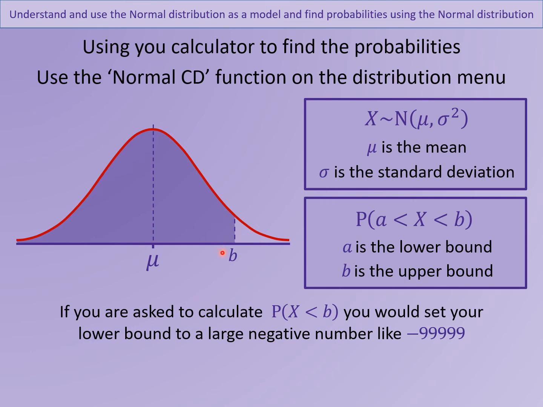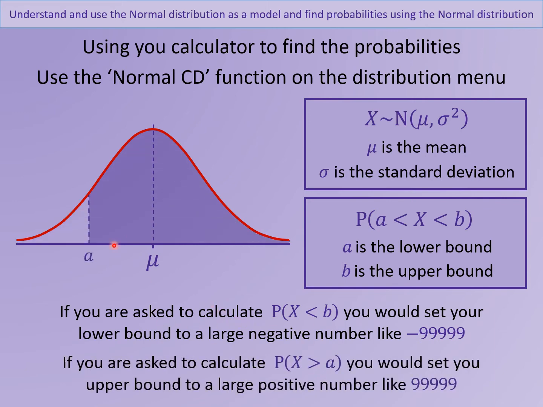If you're looking for just below something, then for your lower bound on your calculator, where it says lower bound, just put a very large negative number. So minus 99999 will do fine. That way, this value is so far over here that it doesn't make any difference to your calculations. And the same the other way around.